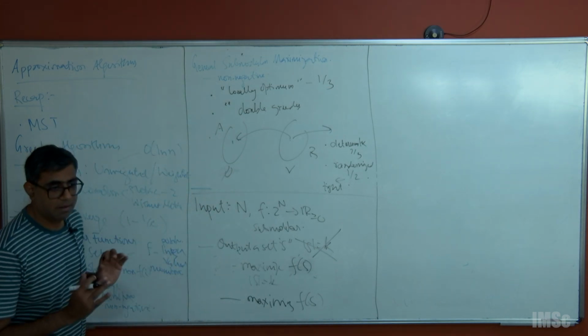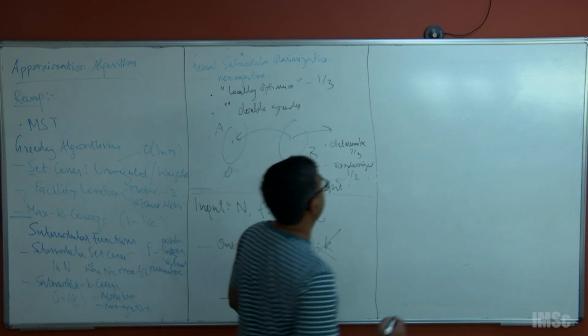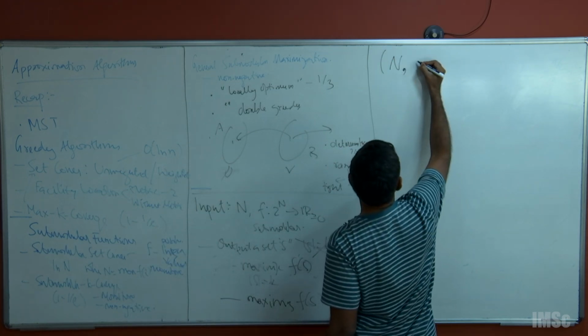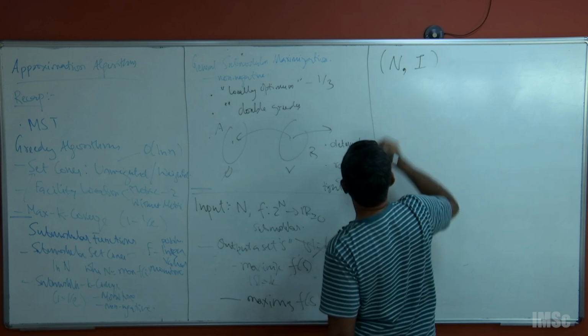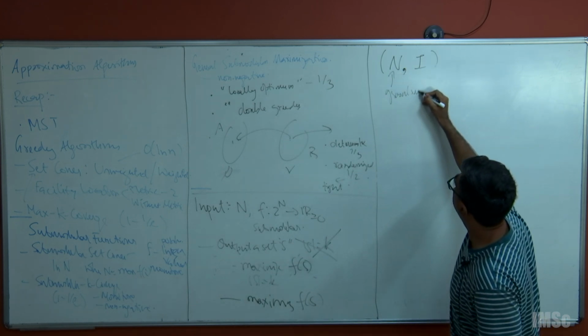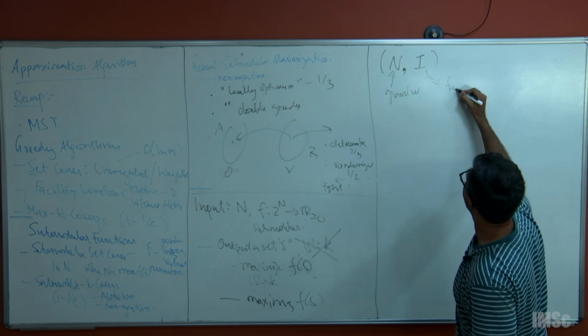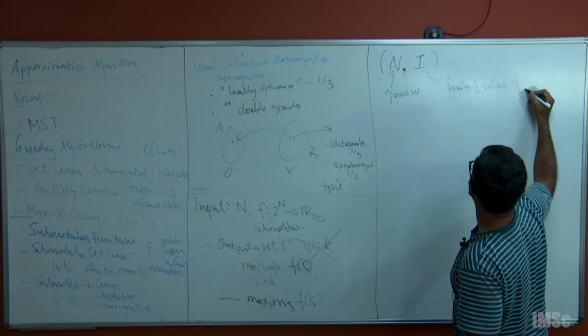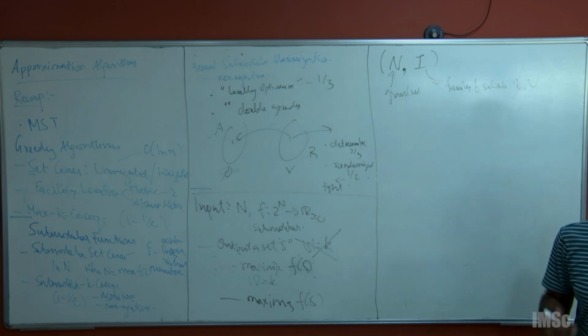They said, I can also give you an n and an I, where n is my ground set and I is some family of subsets of n, and this (n, I) forms a matroid.